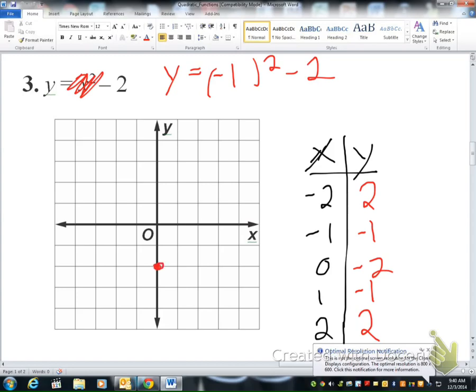Is this one going to open upwards or downwards? Right, it's going to open up because look at my x squared. Is it a positive x squared term or a negative? Positive, right? So that means it's going to open up.